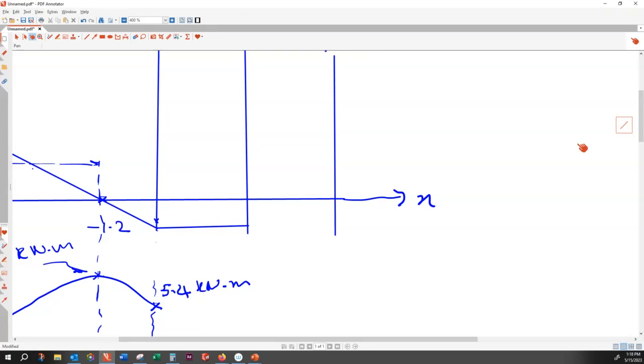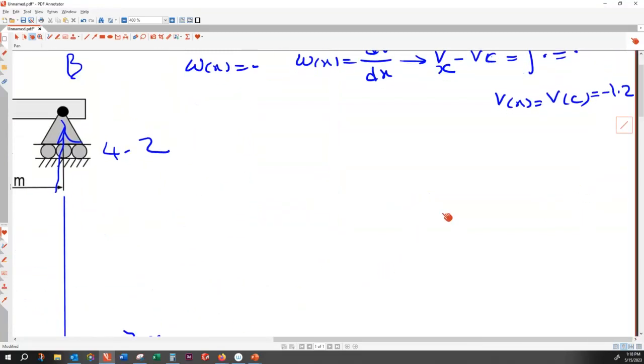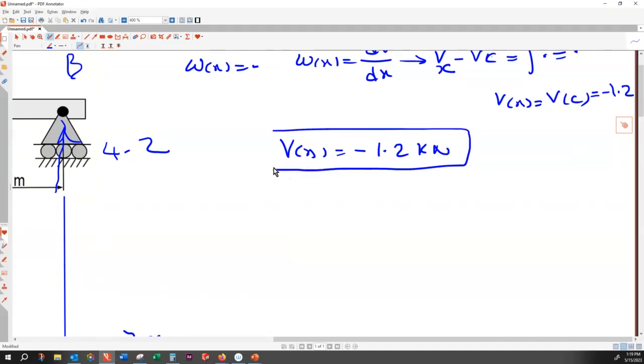Okay, so the next step is using the expression for V of x. If I want to summarize, for the first zone V of x is constant, equal to minus 1.2 kilonewton. That's the expression for V of x.